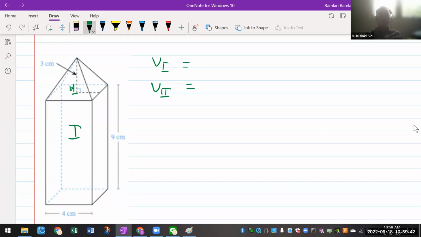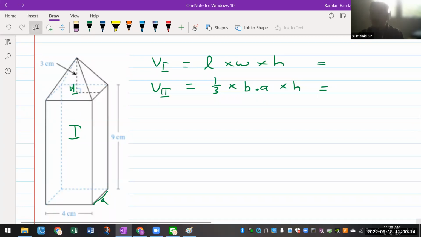The formula for this one is length times width times height. So this is also 4, this is also 4. This is a square. And then volume 2 is going to be 1/3 times base area times height. Now I would like you to calculate this for me using your calculator also. I'm gonna wait for about 2 minutes.